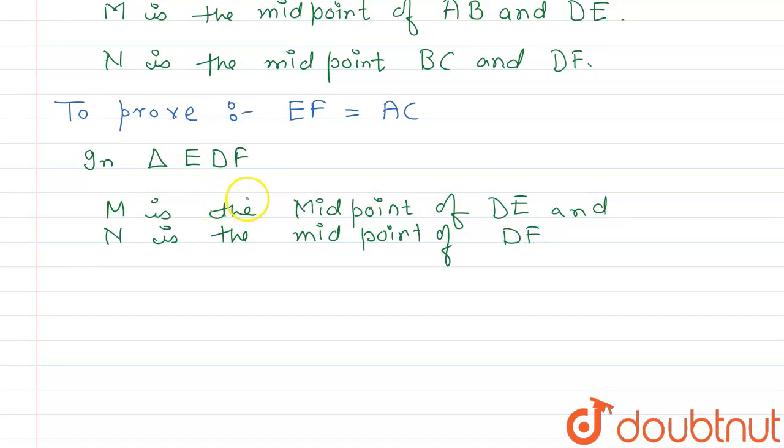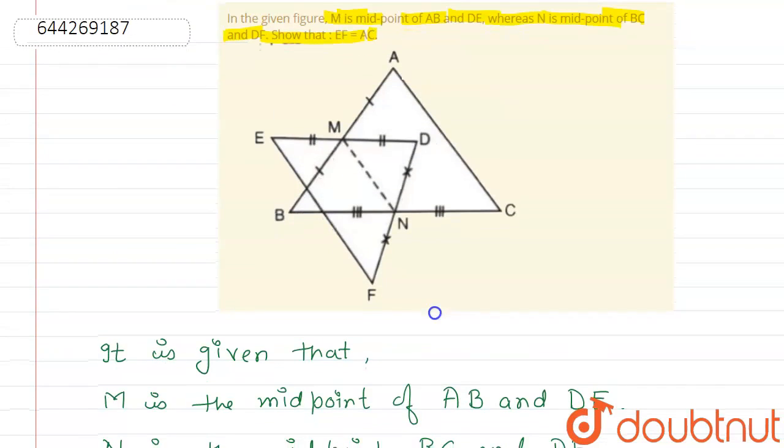So here we see that M is the midpoint of DE and N is the midpoint of DF. So we say that MN is equal to half of EF.